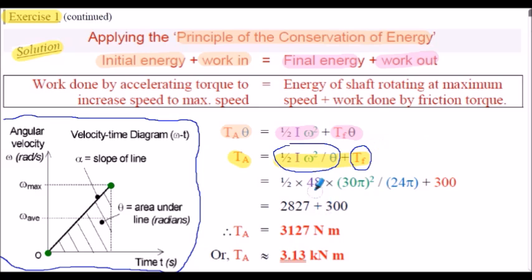Inserting the values for the I, moment of inertia, final angular velocity omega, angle turned as 24 pi radians, and of course the frictional couple. Evaluating, we find that the accelerating torque required is 3,127 Newton meters. I've just written it in terms of kilonewton meters here for reference.